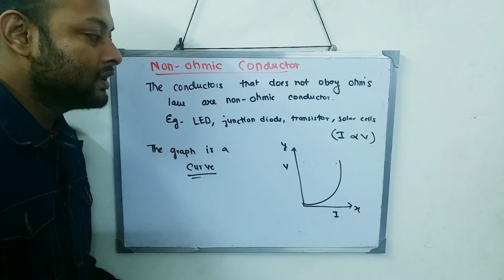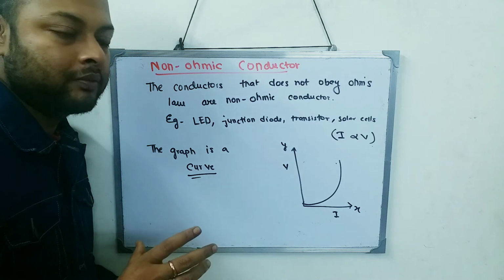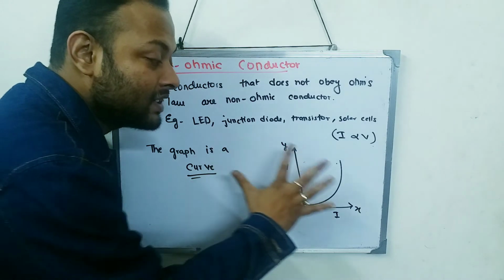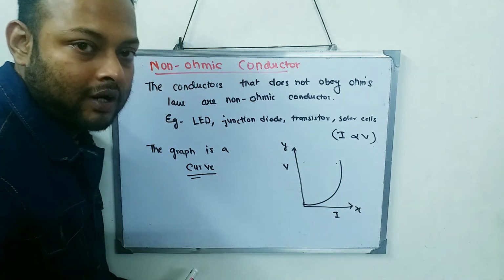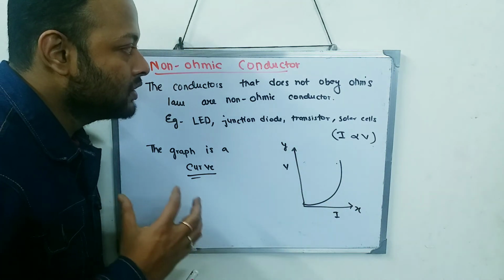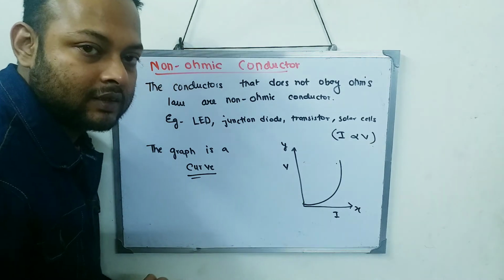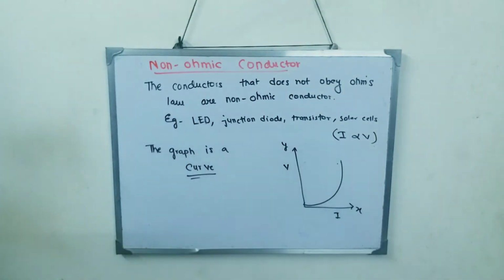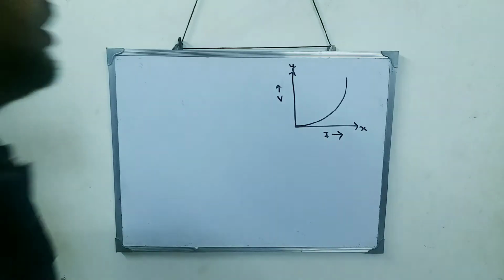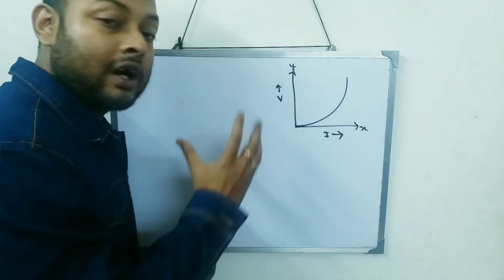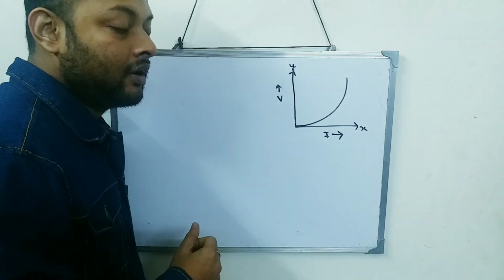Now we have to understand, through small examples, what a non-ohmic conductor means. We have to understand this graphical part basically. Why is the graph of a non-ohmic conductor like this? For a non-ohmic conductor, the graph is a curved line, as you can see.